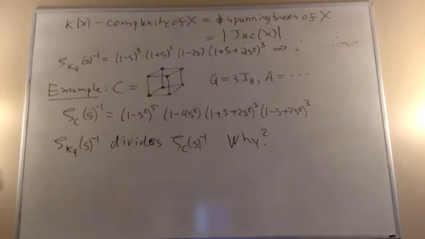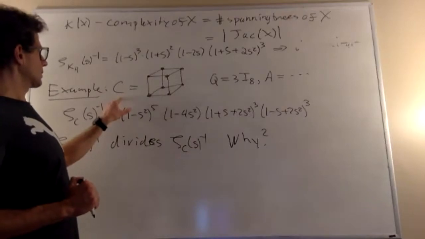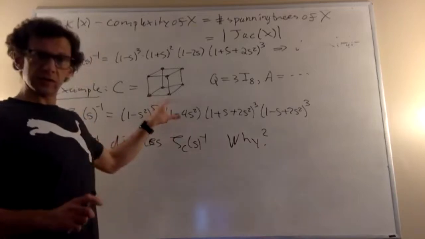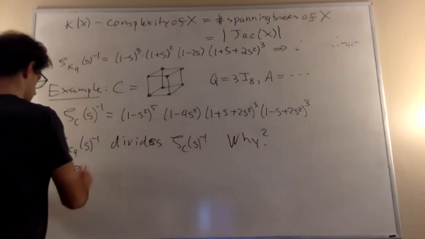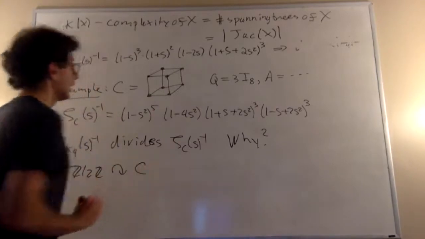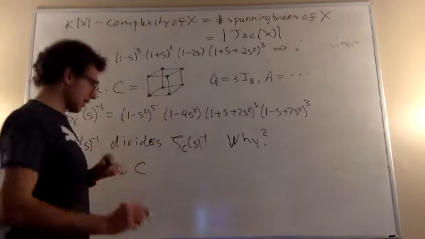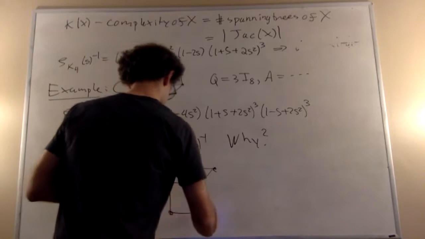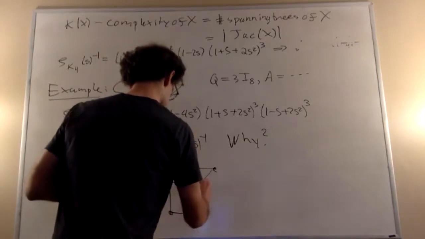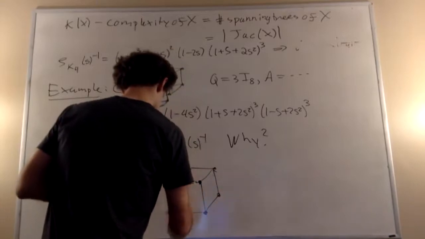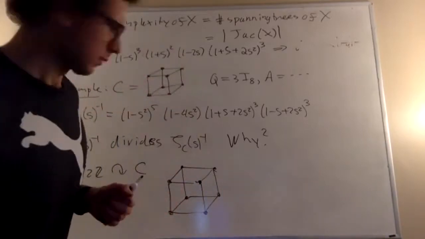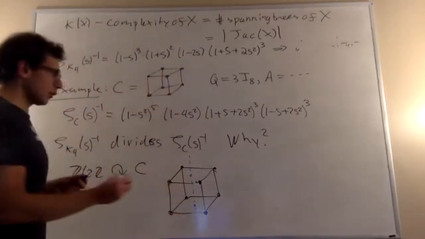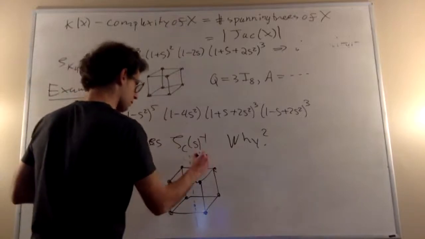Well, here's what I'm going to do. I'm going to take this cube, C, and I'm going to take the group of order 2, Z mod 2Z, and allow it to act on this cube. So what I'm going to do with a cube, I'm going to fix an axis like so, and I'm going to rotate around this axis by pi.